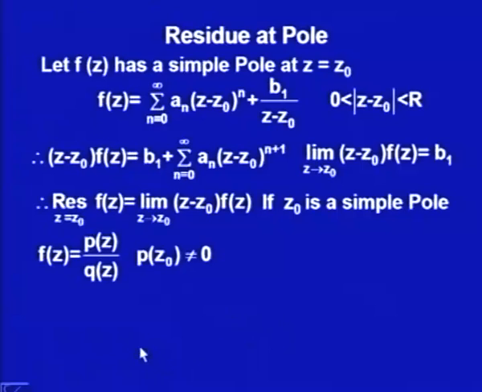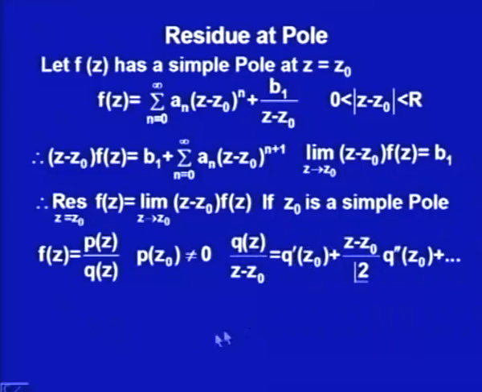If this is happening, then because q z has a 0 at z naught, I could write q z as q z naught plus z minus z naught times q dash z naught, that is your Taylor's expansion. Since z naught is a 0 of q, q z naught would be 0.